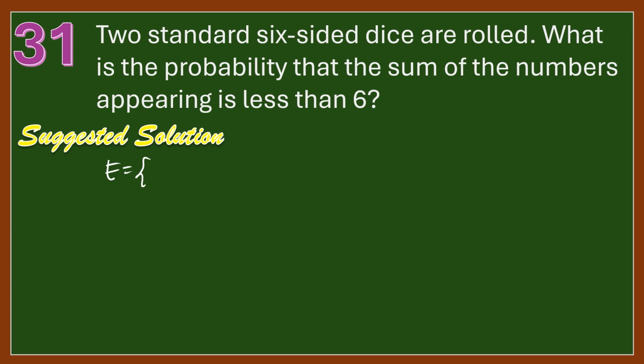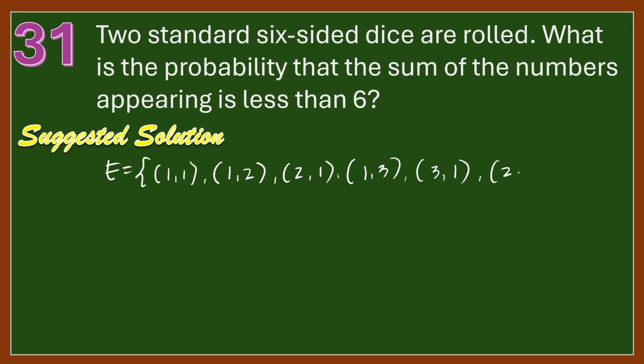When the sum is equal to 2, we have 1 and 1. And when the sum is equal to 3, we have 1 and 2, also 2 and 1. And when the sum is equal to 4, we have 1 and 3, 3 and 1, also 2 and 2. Now when the sum is equal to 5, we have 2 and 3, also 3 and 2.